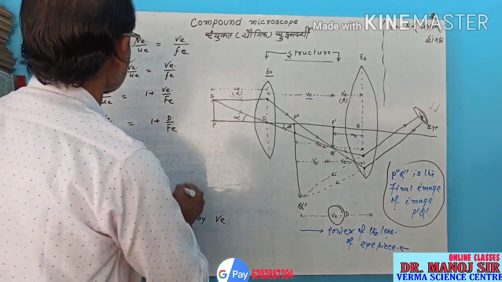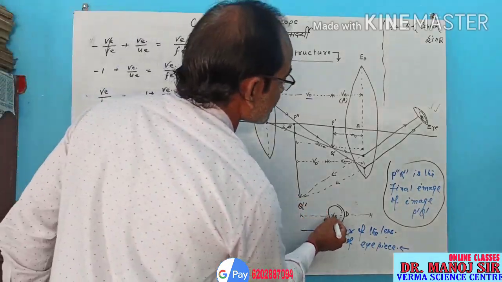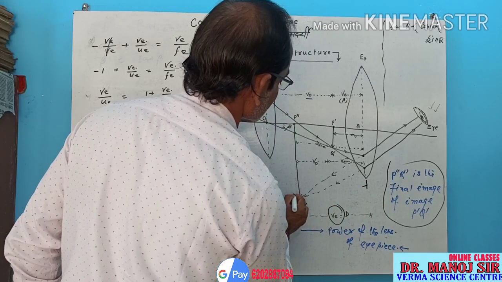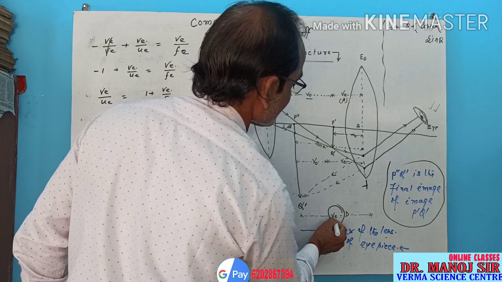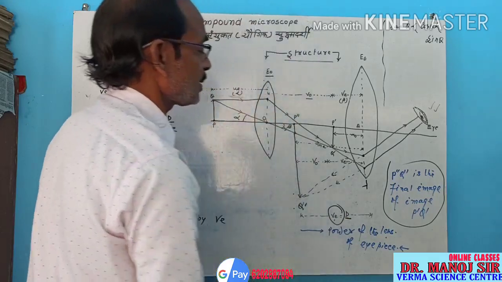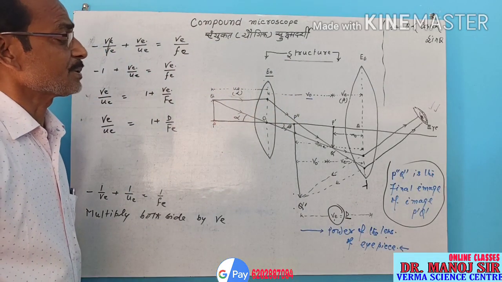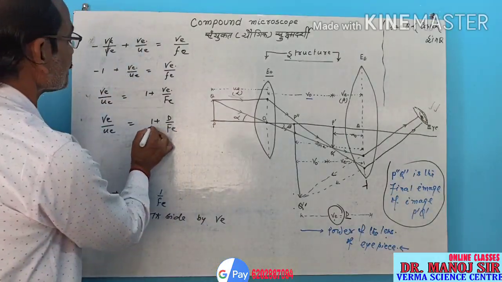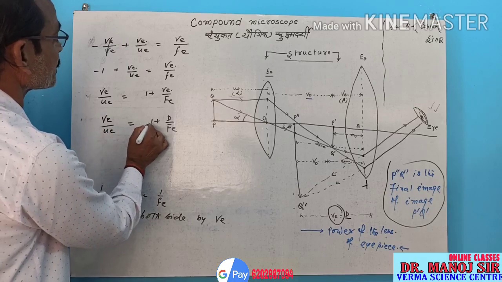This distance from the eyepiece to the final image is VE, the distance of clear vision. So VE by UE equal to 1 plus D by FE.